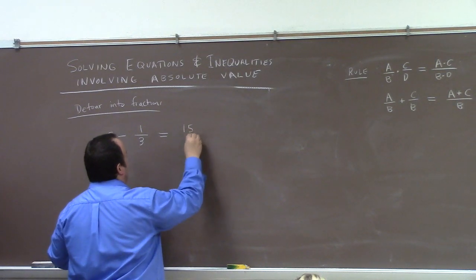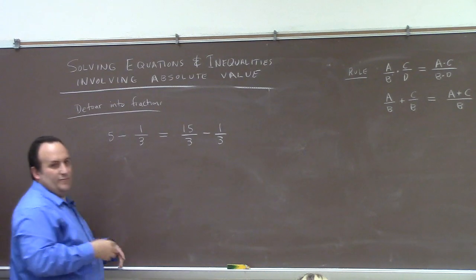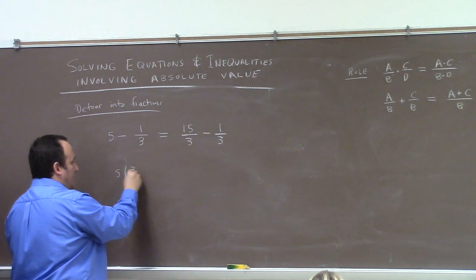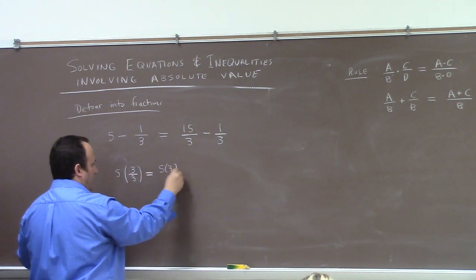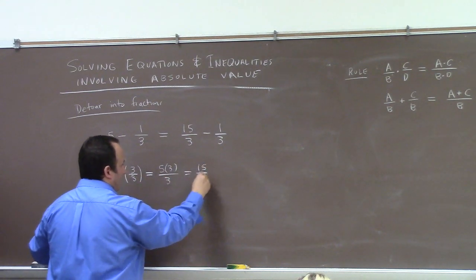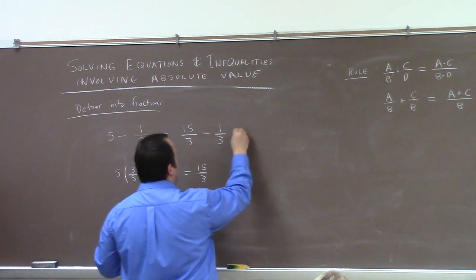It's making me hungry. 15 over 3 minus 1/3, right? How did I get 15 over 3? I multiplied by 1 again, right? So that's 5 times 3 over 3, which is 15 over 3. And then I have a common denominator, so I can subtract. That gives me 14 over 3.